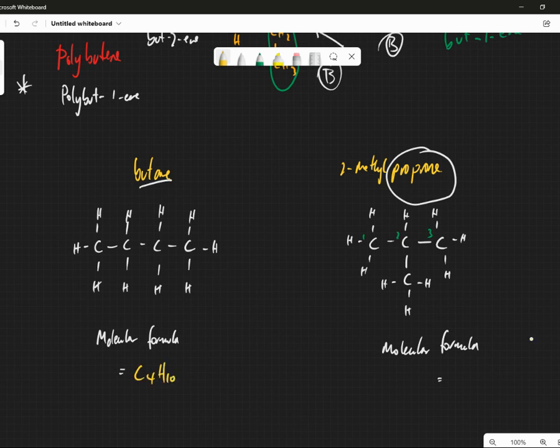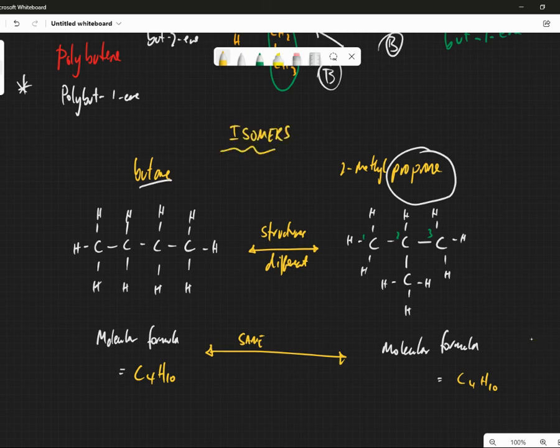And what about the molecular formula of the one on the right, 2-methylpropane? Exactly. So these two obviously have the same molecular formula, but obviously their structures are different. Such things with the same molecular formula with different structures are known as isomers, as we all know, I'm sure.